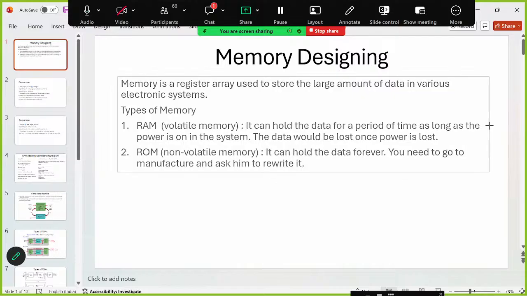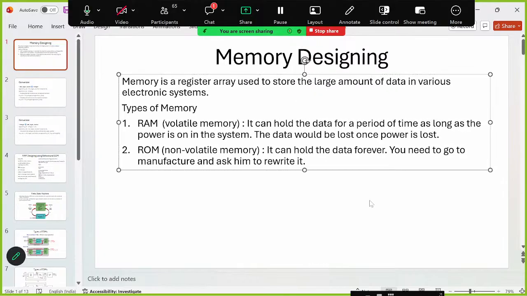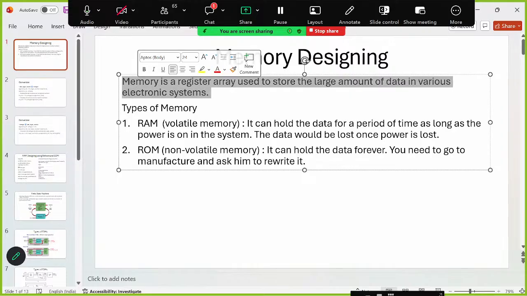Without memory, the computer system and embedded devices cannot do anything. We need memories to hold the data so that we can work upon it. So memory designing is always an important concept, always in the picture.